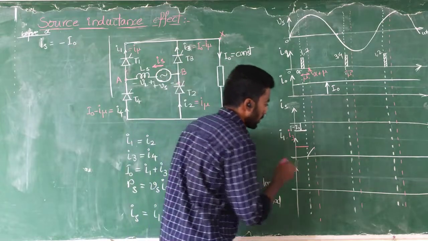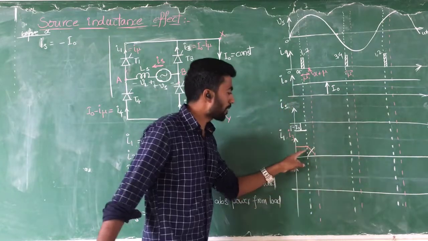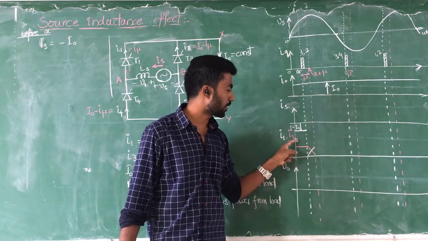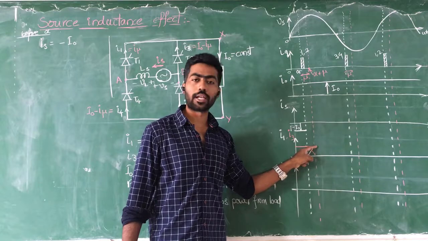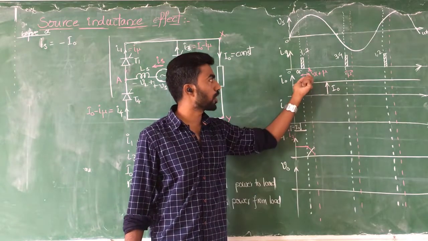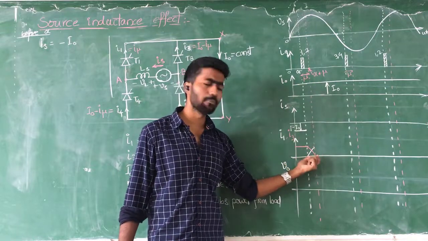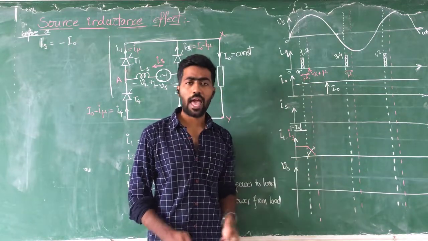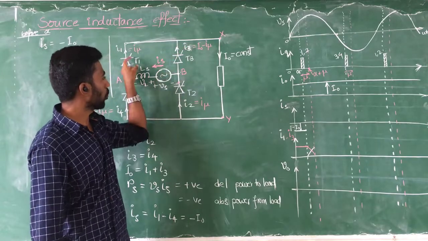So it is decreasing gradually. In this transition, the current switches from I0 to 0 and from 0 to I0. This happens within the overlap angle duration, that angle is nothing but mu. Within that mu angle, this transition from one set of devices, that is 3 and 4, to 1 and 2 will happen.